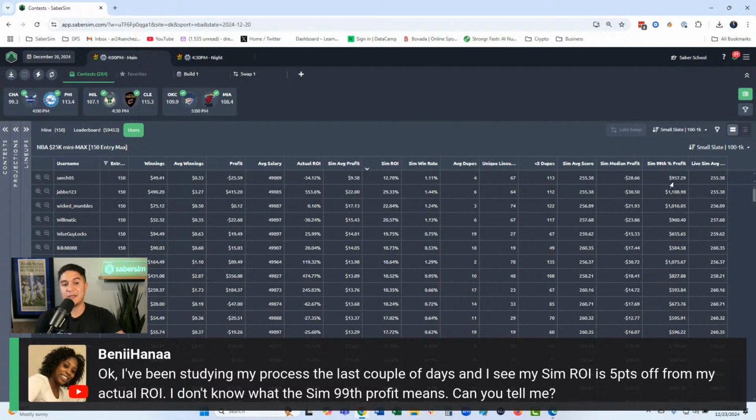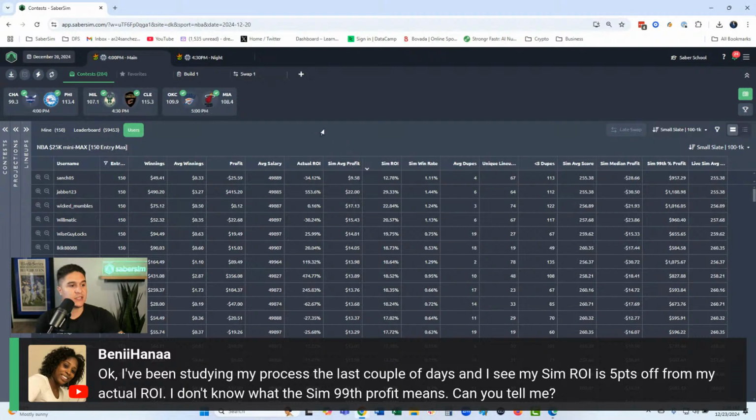So we're basically telling you, out of the 100,000 simulations, if we just looked at the top 1,000, sorting by your most profit to your least, you made this much money. So in 1% of the sims, I made at least $957 with this set of lineups in this contest. So this is telling you what your upside outcome looks like.